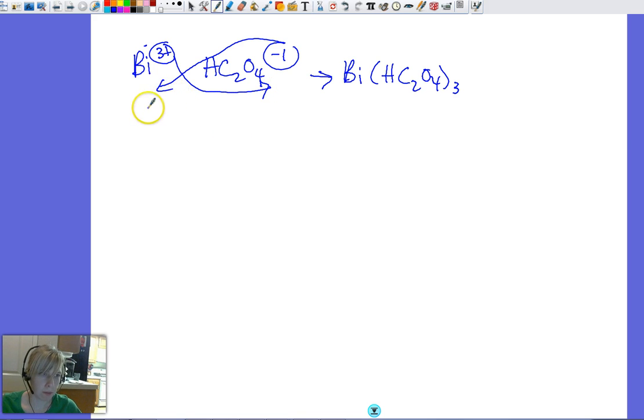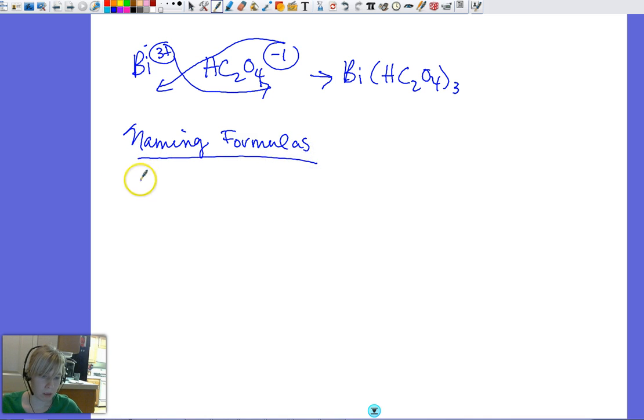All right, naming formulas. So this is the reverse. So we have CuHPO4, so you're going to find Cu on your chart.